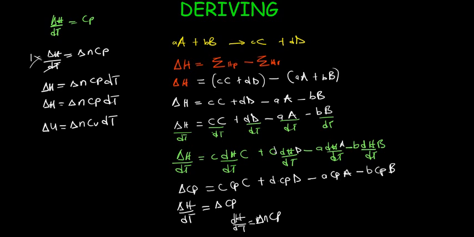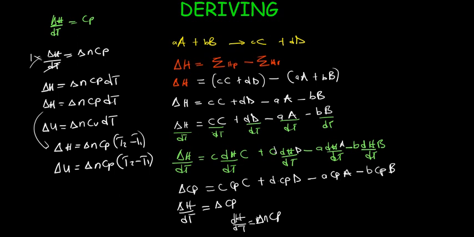So you can also write them as, for this one, change in enthalpy is equal to change in number of moles, then Cp, then change in temperature, like that. Again, for internal energy you can write it as change in number of moles, then Cv, then change in temperature, like that. Okay, so that's how you can write.